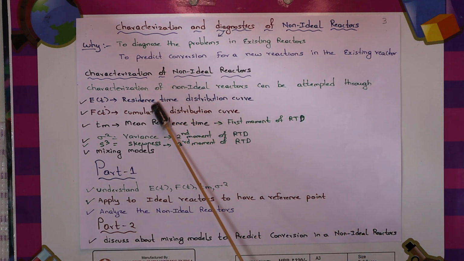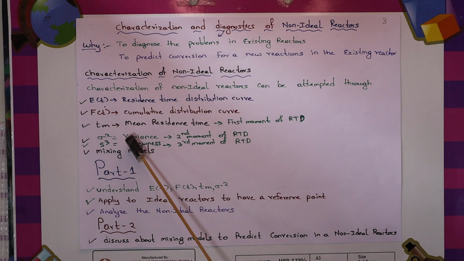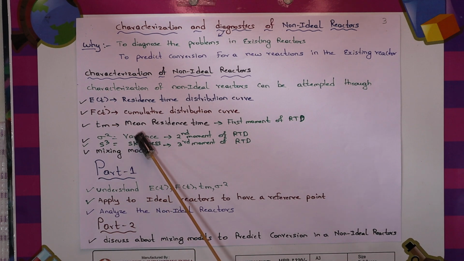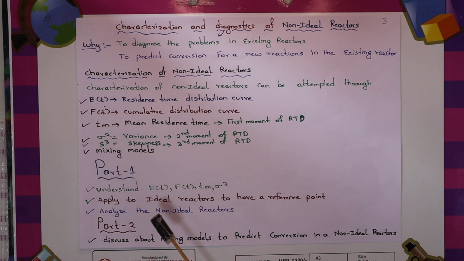Once you have the reference point, you can compare the ideal reactor behavior with the non-ideal reactor behavior. That is why in part 1 we understand the E of t, F of t, mean residence time, and skewness of ideal reactors. Then, based on this reference point, we apply the characterization to non-ideal reactors, so you can analyze them.